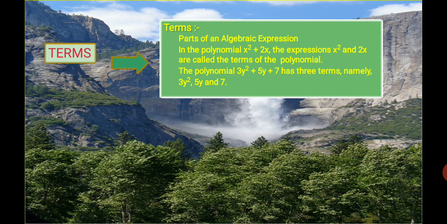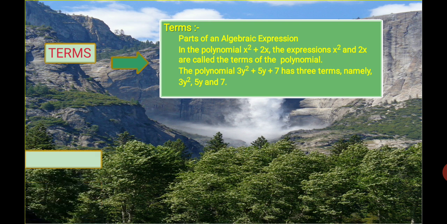When we split it, there are two parts, x square and 2x, and these are called terms. Another example, 3y square plus 5y plus 7. There are three parts: 3y square, 5y, 7. So there are three terms. Terms are made by constants and variables.